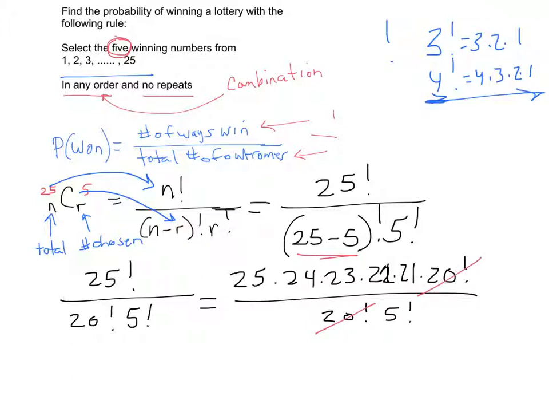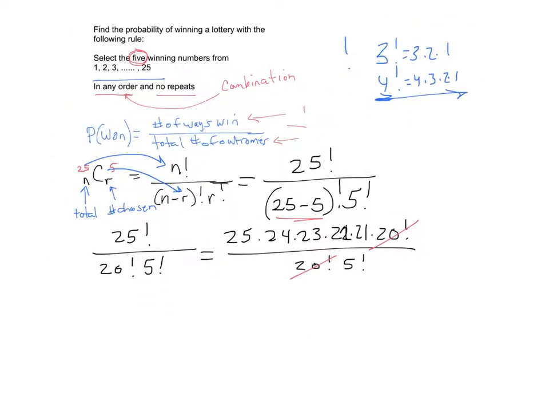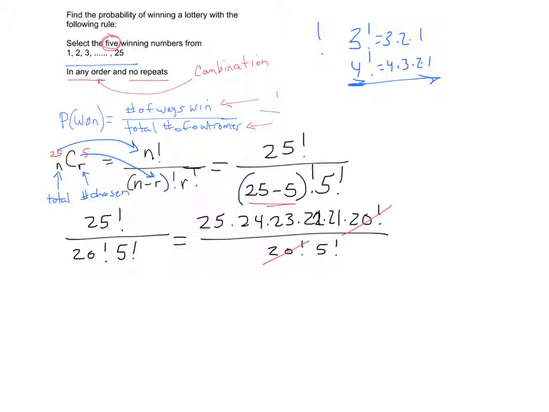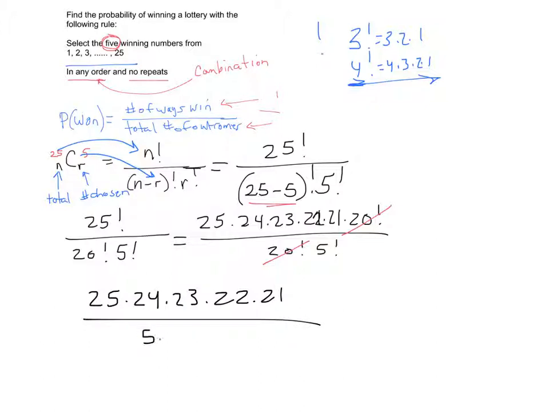Now I can cancel all that, which makes it nice because I don't have all those numbers to multiply. So on top, let's just write my 25 times 24 times 23 times 22 times 21. On the bottom, all I have left is 5 factorial, which is 5 times 4 times 3 times 2 times 1. So just to make it a little bit easier, I could do some canceling.